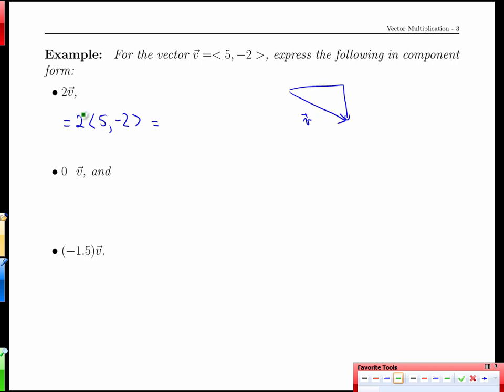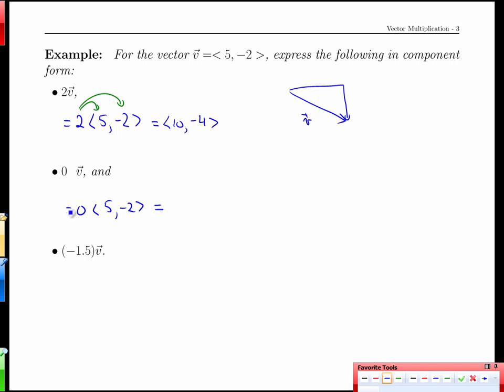All we do to evaluate this, or one of the options for evaluating it, is to multiply this 2 into each component separately. And so we'd end up with 10 and negative 4. And that's it.